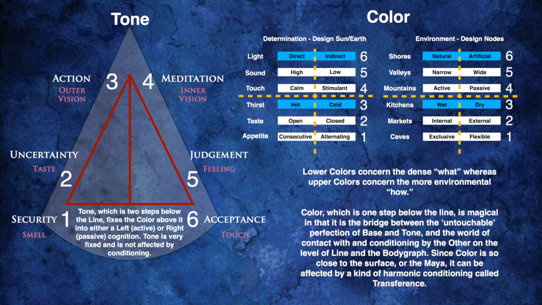Like, say for example, I know somebody with a 6 color determination and a 6 color environment. It is really important for them to be on the edge of things without being in the middle because it's so distracting for them. As soon as they see a place, they just have to go right toward it. But when they're not in that kind of environment, it's not a worry. It's not a bother.